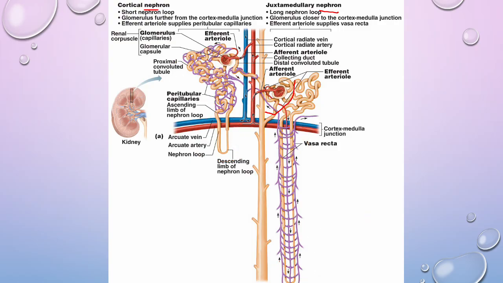Now, the purplish vessels that you guys see here, they're capillaries. Their function is to reabsorb and secrete stuff that we don't need. On the left, they're going to be called peritubular capillaries, okay? And on the right, they're going to be called vasa recta. They have the same functions. They are either reabsorbing or secreting, okay?